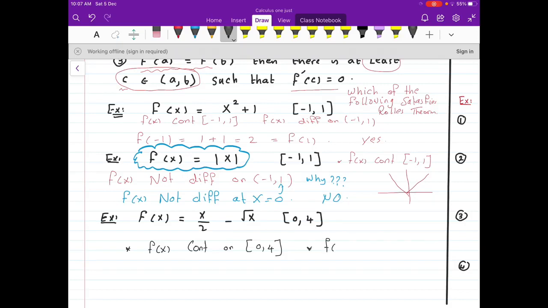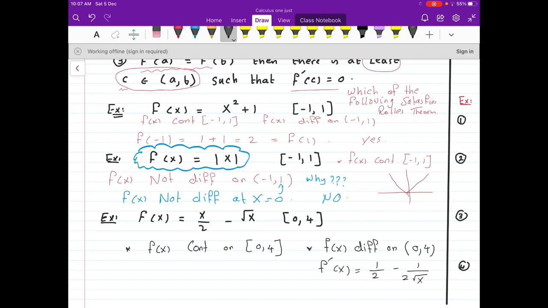And f x differentiable on the open interval 0 for y, f prime x هي عبارة عن 1/2 minus 1 over 2 the square root of x.